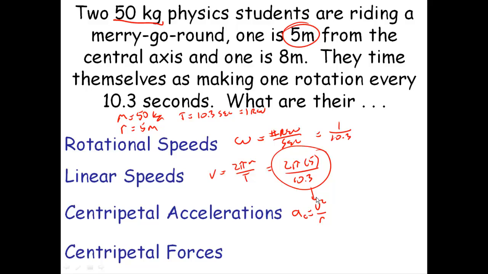It's this squared divided by r, which is, we said we're going to solve only for the 5-meter person. And the centripetal force, F equals m times a. We know the mass of the person is 50 kilograms, and the acceleration is whatever this value is. And there you go.